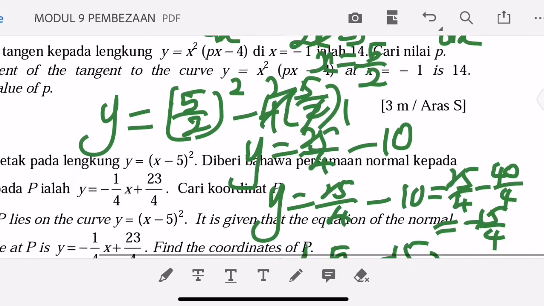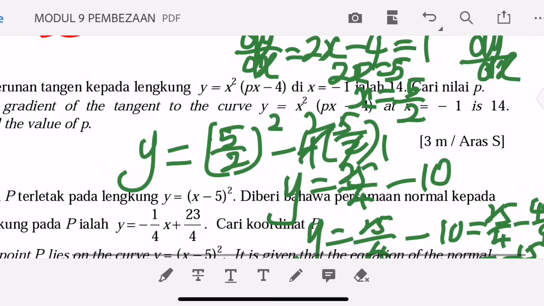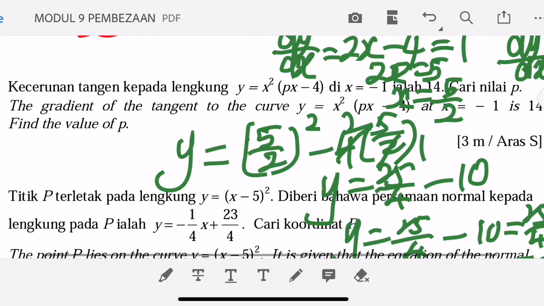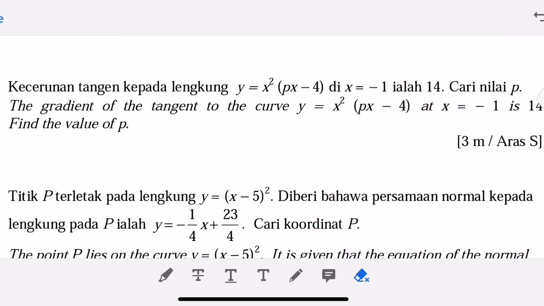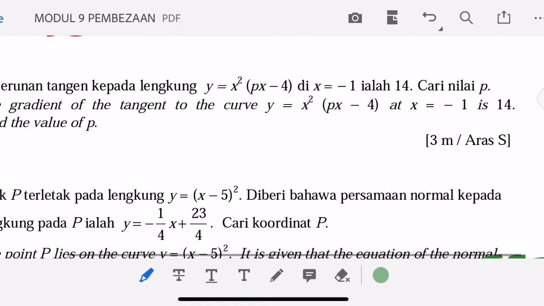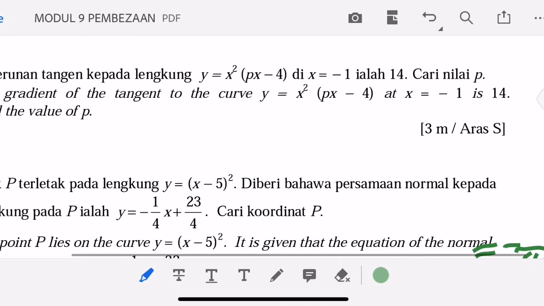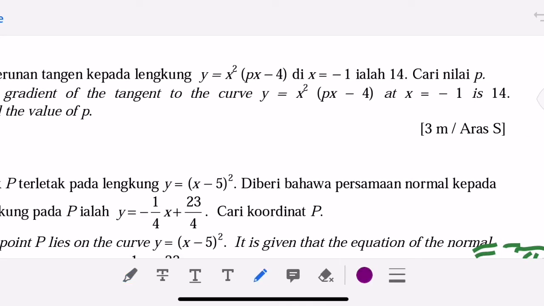Okay, so now let's see another one. Number 10. Number 10, the gradient of the tangent to the curve is 14. Okay, so when we see gradient of the tangent to the curve, we'll do dy dx, right?